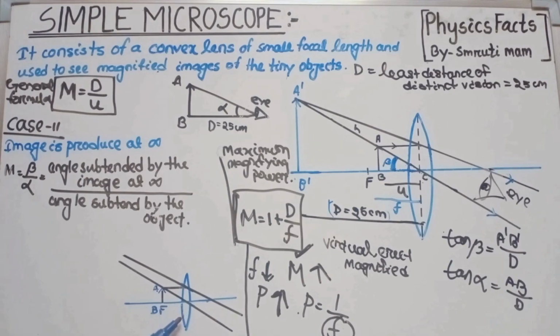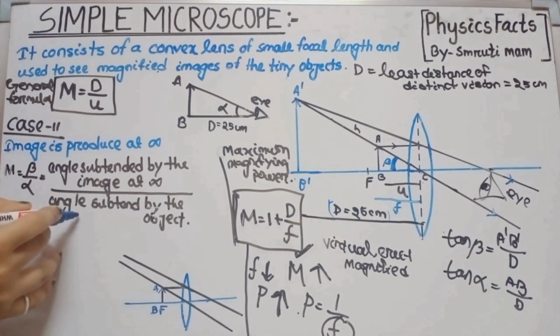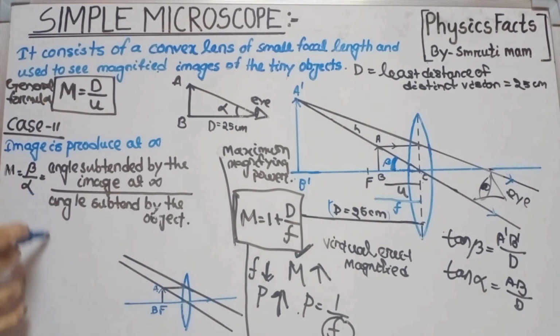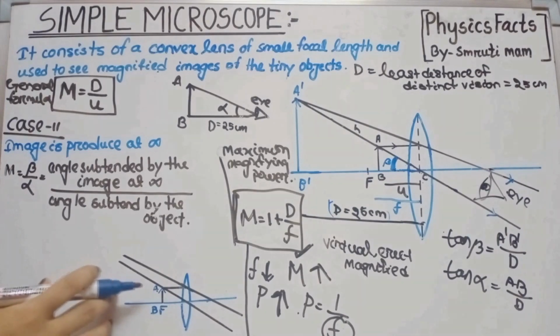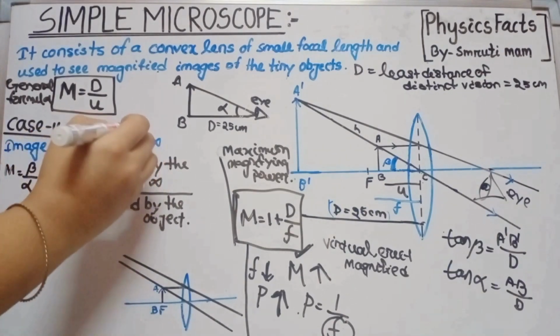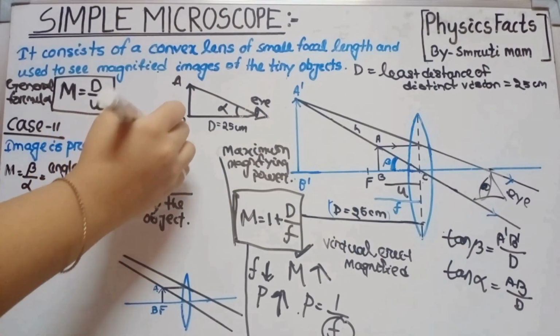So obviously that image is produced at infinity, far away from us.